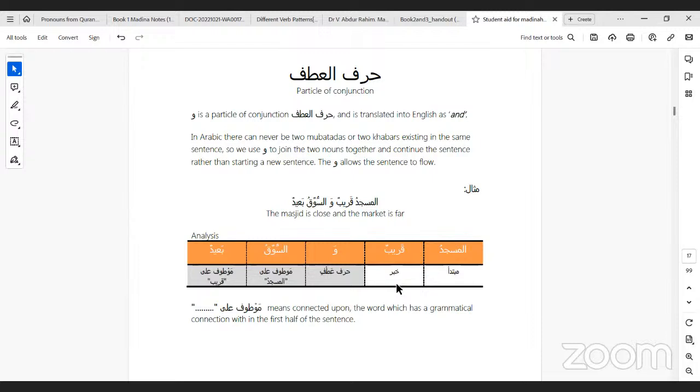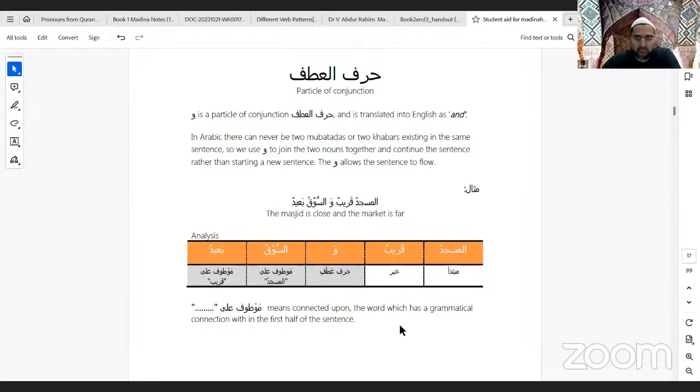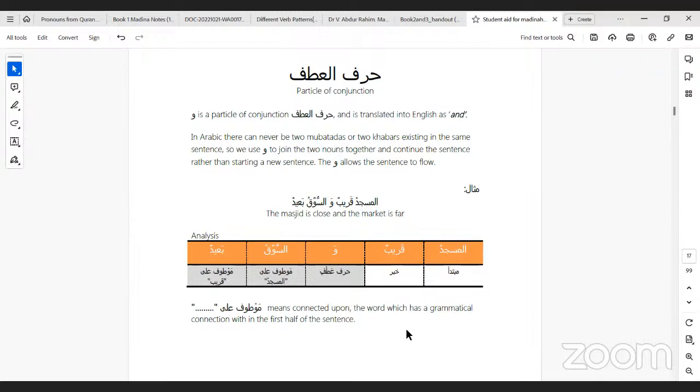So we use waw to join the two nouns together and continue the sentence rather than starting a new sentence. The waw allows the sentence to flow. Example: Al-masjidu qaribun wa-suqu ba'idun. The masjid is close and the market is far.